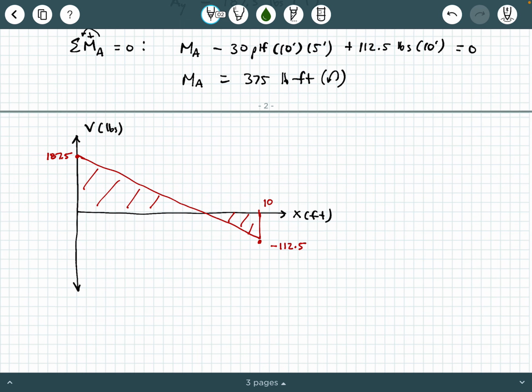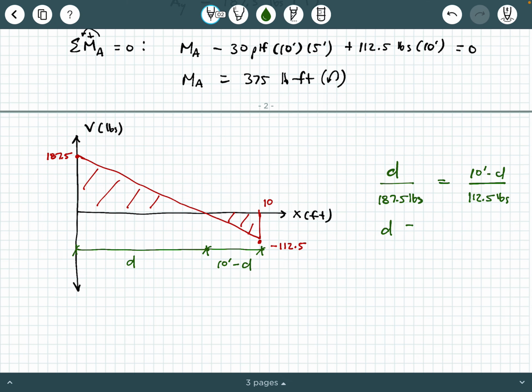We're going to call this distance D right here, and we're going to call this distance 10 feet minus D, and we're going to use similar triangles to solve for these two distances. And so we're going to say D over 187.5 pounds equals 10 feet minus D over 112.5 pounds.